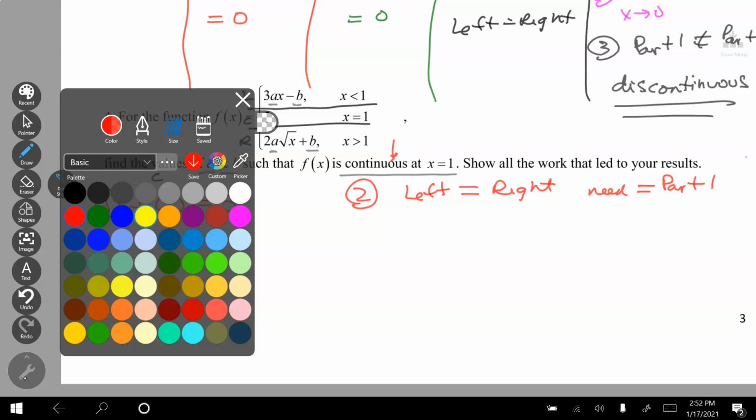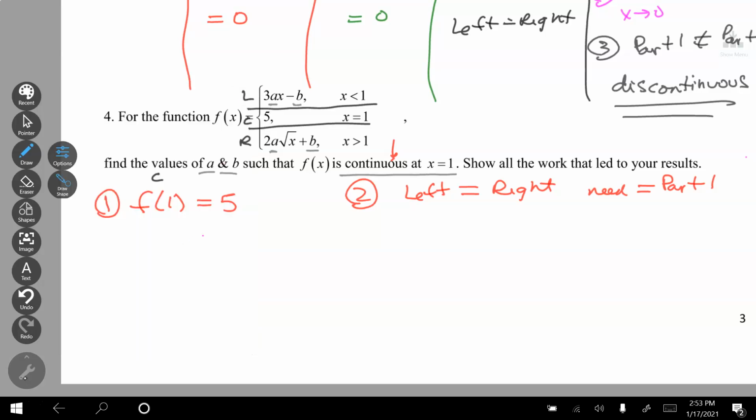So I'm going to plug in x equal 1 in both the left and right side and make them both equal to what I got from part 1, and that was 5. So for the left side, plugging in 1, I get 3a times 1 minus b, and that gives me 3a plus b is equal to 5, because I have to have it equal to 5.